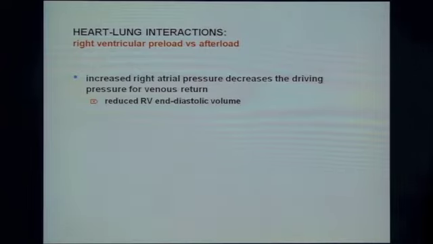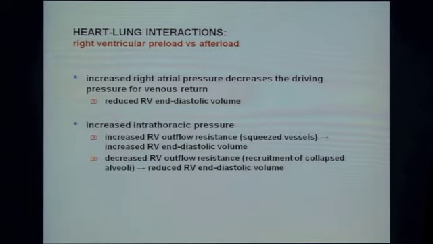We saw that when we increase the pressures enough, we are increasing the afterload for the right ventricle. The preload reduction reduces the end diastolic volume, but the squeeze on the vessels and increased outflow resistance intrathoracically increases the right ventricular end diastolic volume.